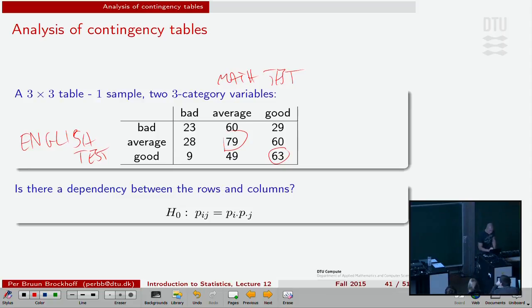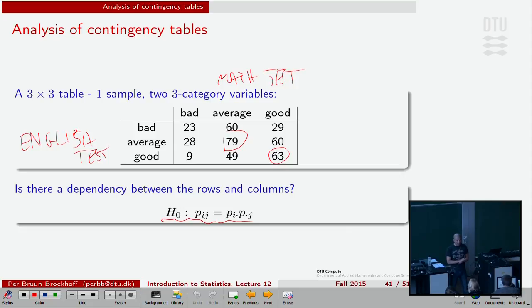Now, I would have to phrase the relevant hypothesis slightly differently from before. The null here expresses that there is no dependence between your math skills and your English skills.